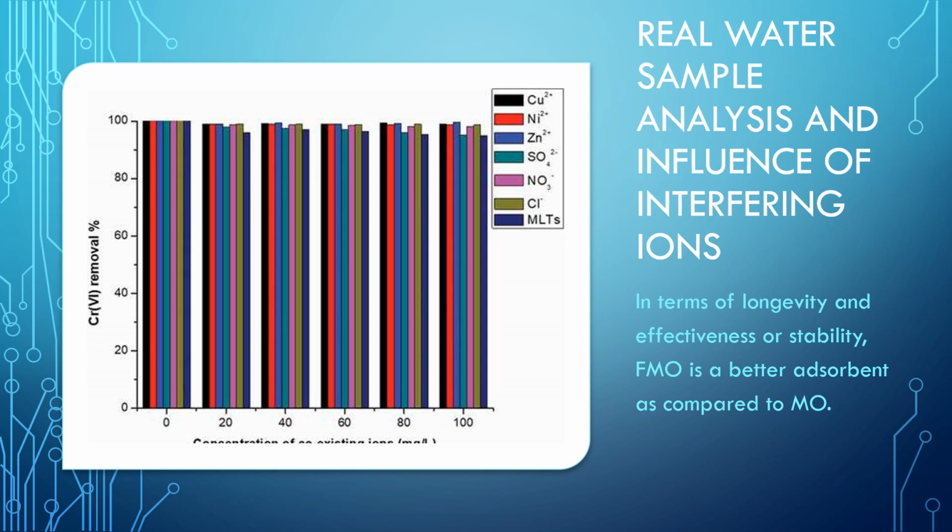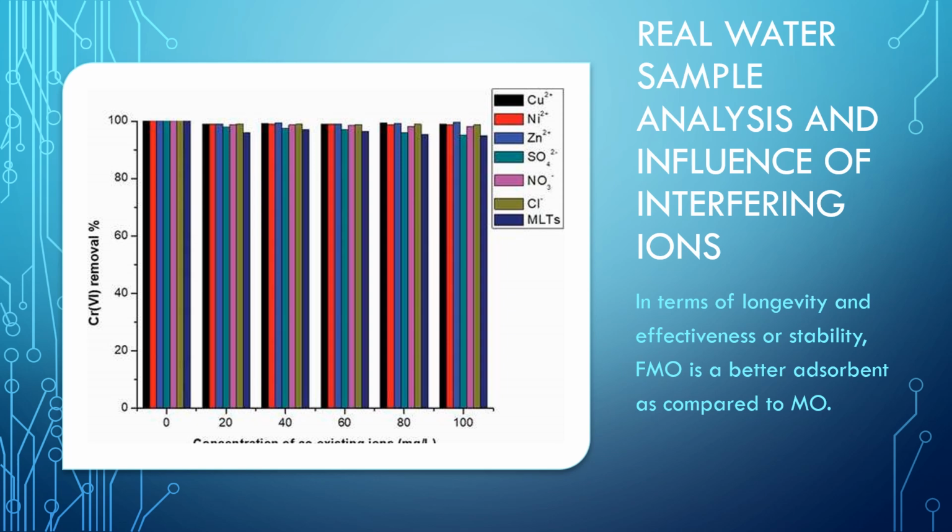The graph shows that the three ions SO4 2-, NO3-, and Cl- had some effect on chromium-6 removal. NO3- and Cl- had a very minimal effect, which is 1.68% on chromium-6 removal.